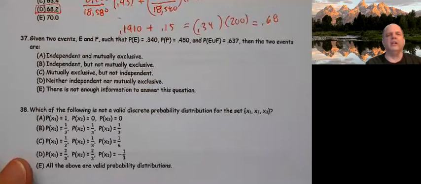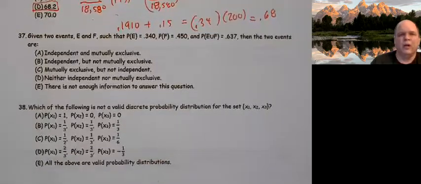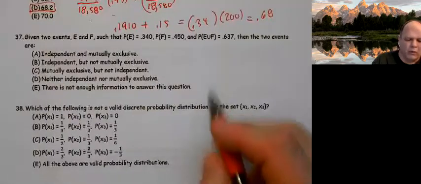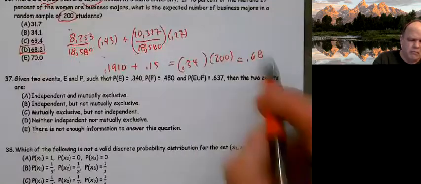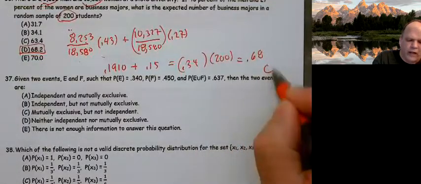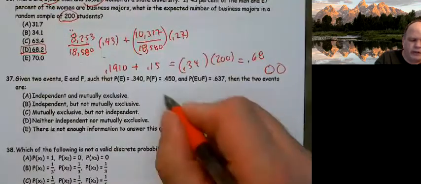Number 37, given two events, E and F, such that E is 0.34, F is 0.4, and the union is 0.637, are the events mutually exclusive and independent? That's what we're looking for. So real quickly, remember, in order to be mutually exclusive, there has to be no overlap. Well, we don't know if we have that or not yet because we haven't done our work.